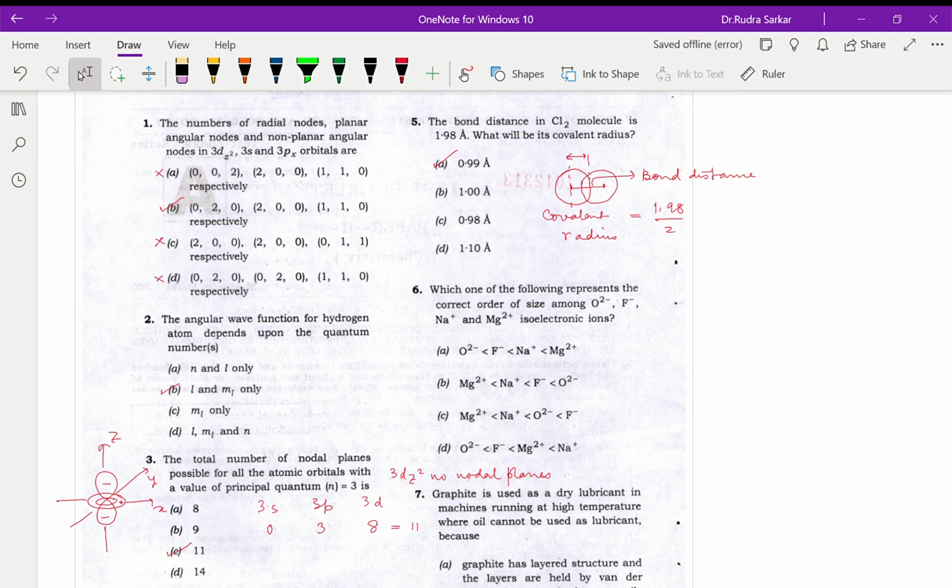Again, which of the following represents the correct order of size among O2 minus, F minus, Na plus, Mg2 plus isoelectronic species?